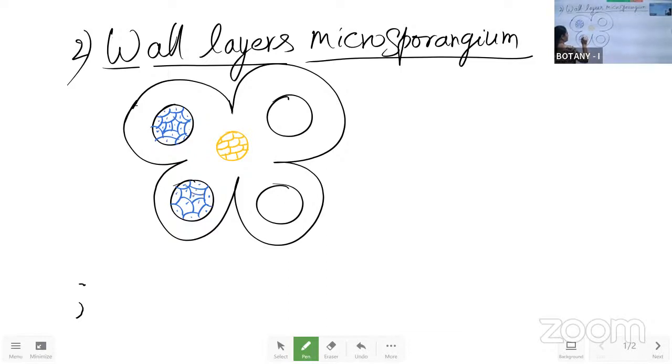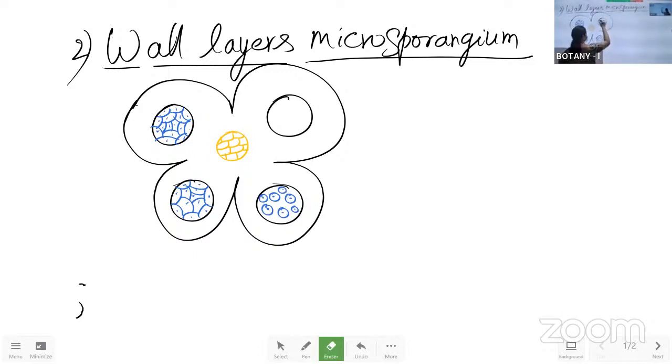If these are the microspore mother cells, then they will undergo meiotic division. So the nucleus representation is mandatory. Then only we can say those will undergo division to produce a number of cells again. And in 1 microsporangium, we have to show the microspores formation.